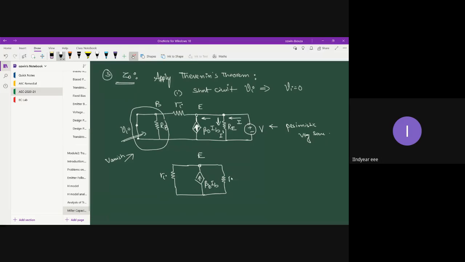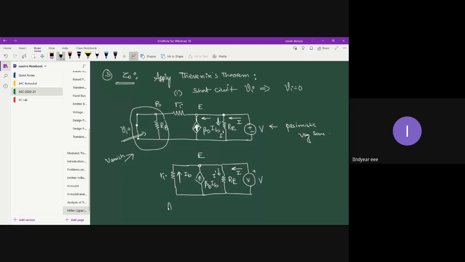And this is your RE, and this is your voltage source V, which is connected just for the simplification purpose. So this is I, and this is I dash, and this current we can take as IB because that's the base current, right?